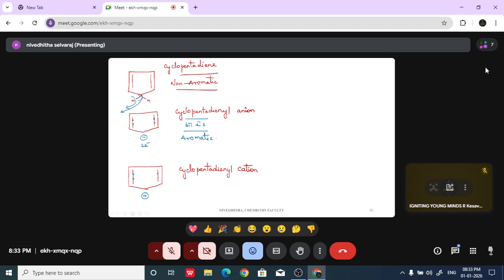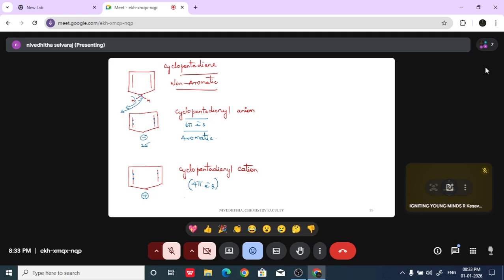Who helped the conjugation? This positive charge. But unfortunately, a positive charge doesn't have any electron, so we couldn't add electrons. In the second example, the negative charge helped the conjugation and contained 2 electrons, so we included them in our count. But here, though this positive charge helped in conjugation, it doesn't have any electron. So in total we have only 4 pi electrons. Now tell me, is it aromatic, non-aromatic, or anti-aromatic?